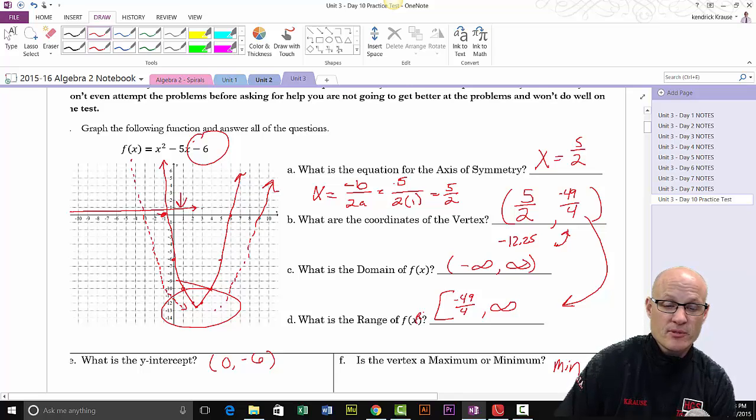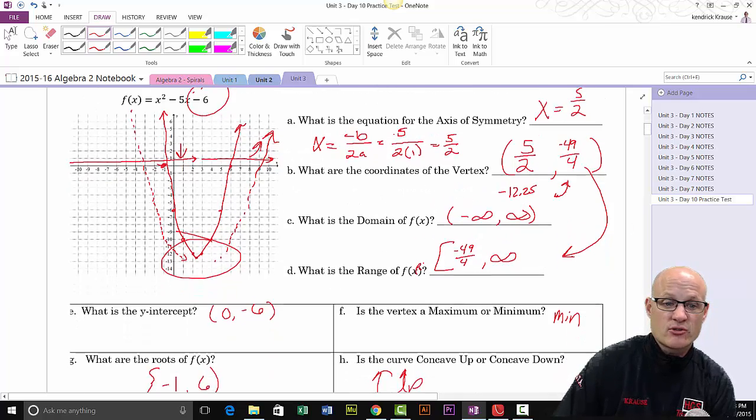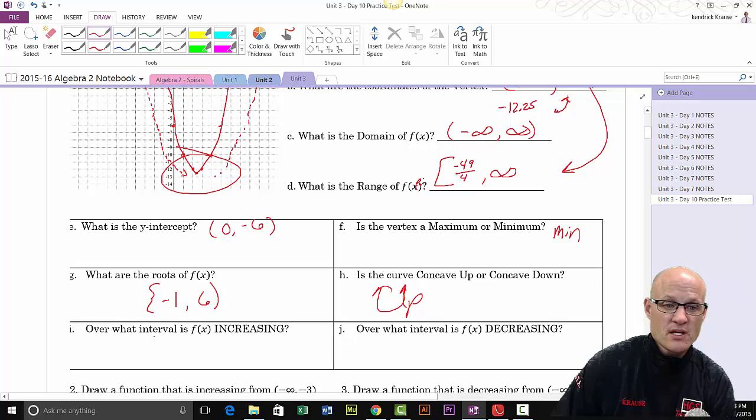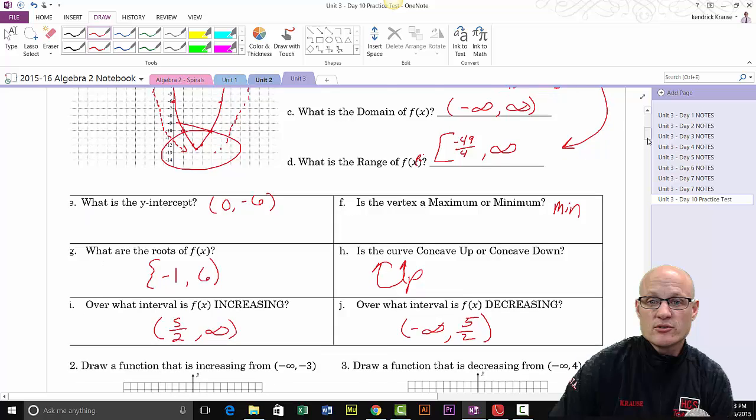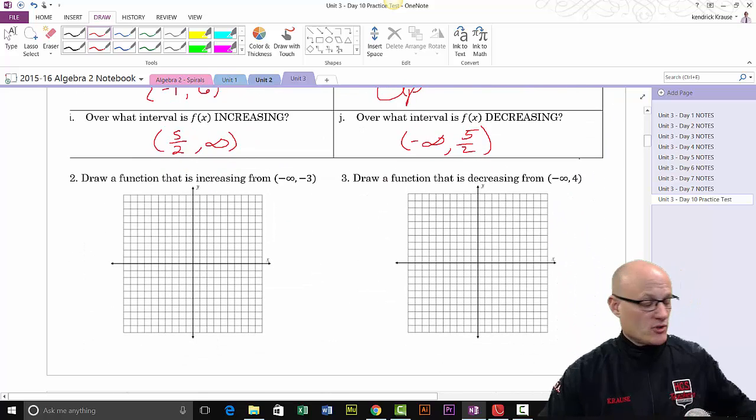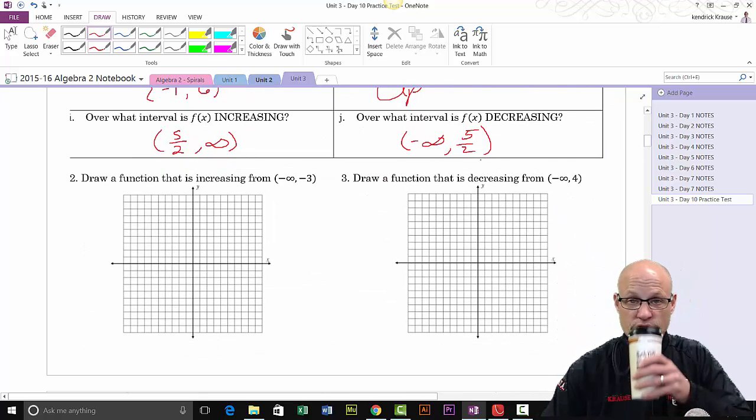And then starting from here over to this direction, it is increasing. So the answer for increasing is from 5 over 2 to infinity. For decreasing, it's from negative infinity to 5 over 2. And notice I did not use 5 over 2 because at that point, it's turning around and going the other direction.